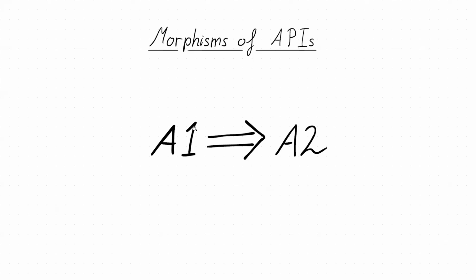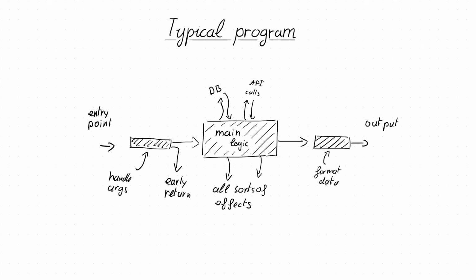So what this program does is translate messages that it receives to messages that another machine can handle, and then translate responses from A2 back to A1 and send them to whoever asked for the original message.